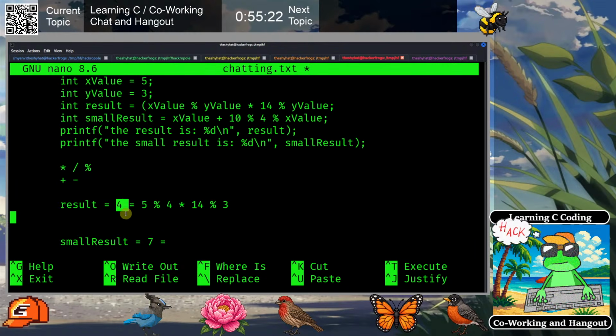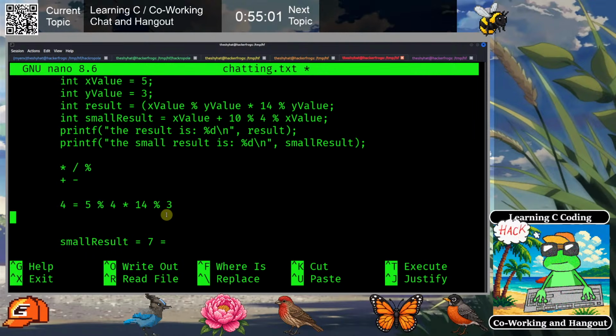So how can we get a result of 4 with these numbers? We can put some parentheses in between them. So it's something times something. If it's 14 modulo 3, this results in 1.